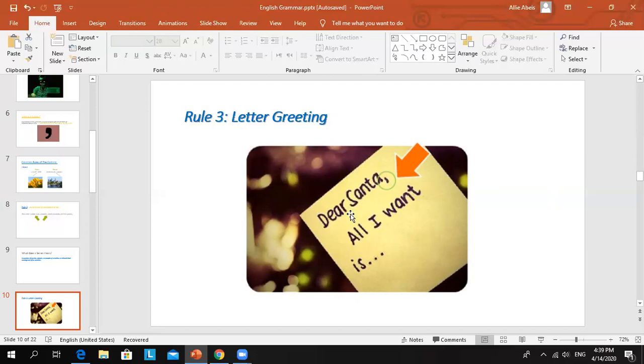If you're addressing a letter to your principal, you will say, "Dear Mr. Sultan, comma, all I want is this for Eid al-Mubarak and Eid al-Adha." So when we greet in a letter, we need to put a comma. That is the third rule of using our commas.